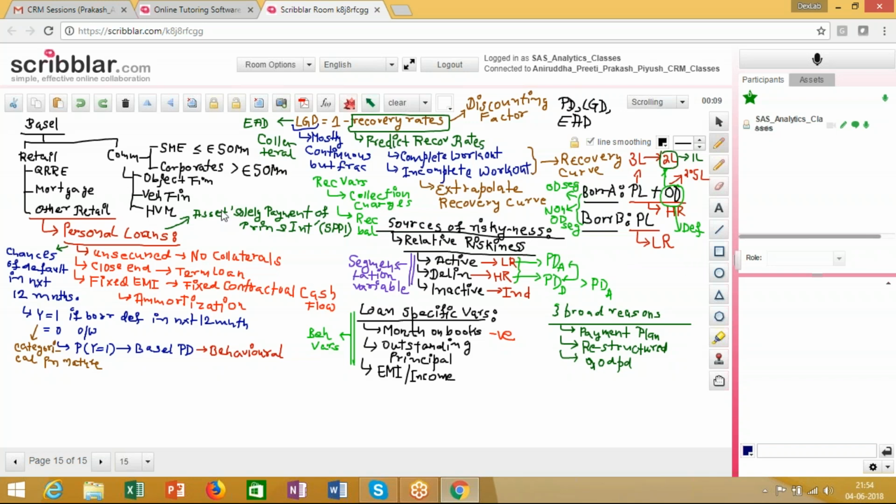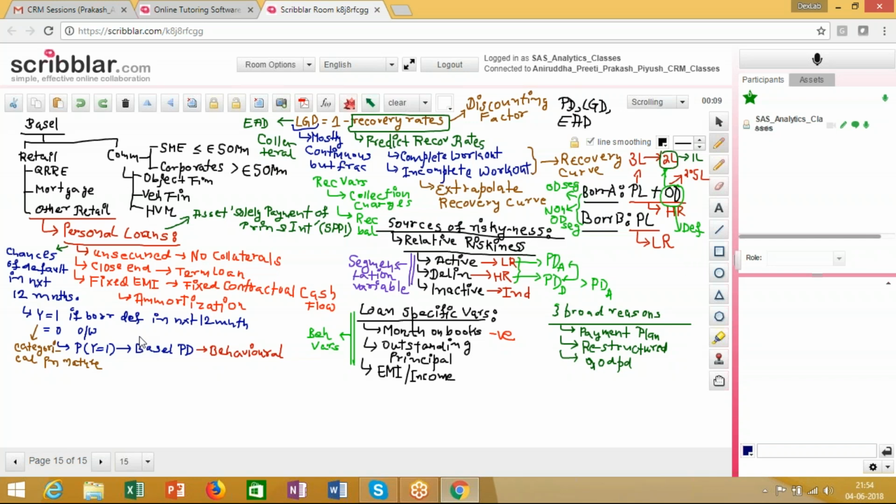Let's start by discussing the concept of probability of default. What is this probability of default? In the last class, we saw that the probability of default is just an estimate of the chances that a borrower will default in the next 12 months.